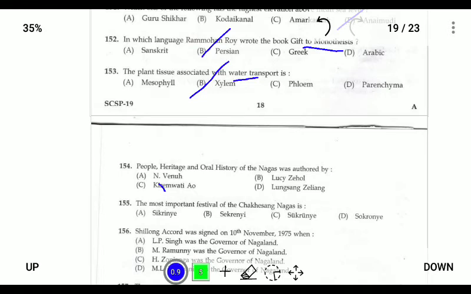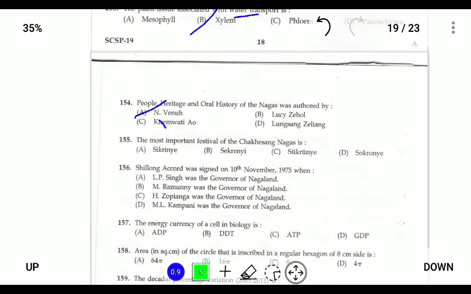Next, the People's Heritage and Oral History of the Nagas was authored by, so the answer is N. Veno. The most important festival of the Chakhesang Nagas is the Sekrenyi. So the answer is Sekrenyi. Yes, we should not be confused.